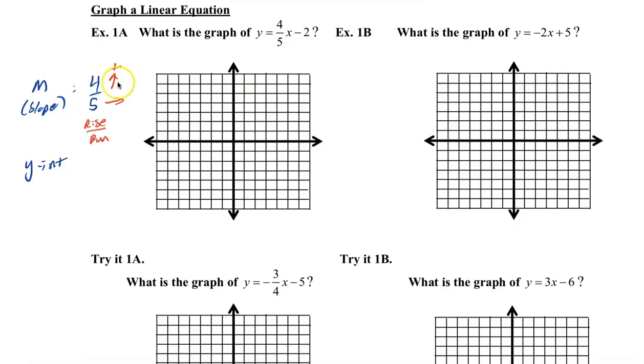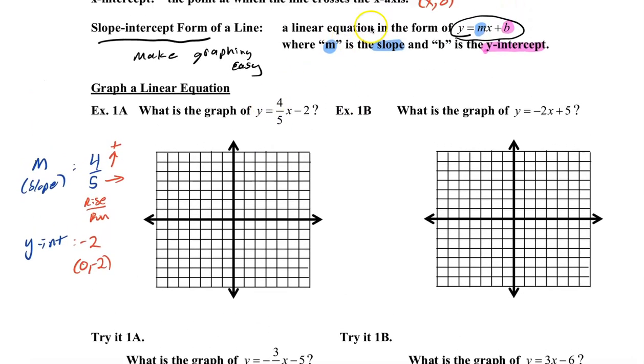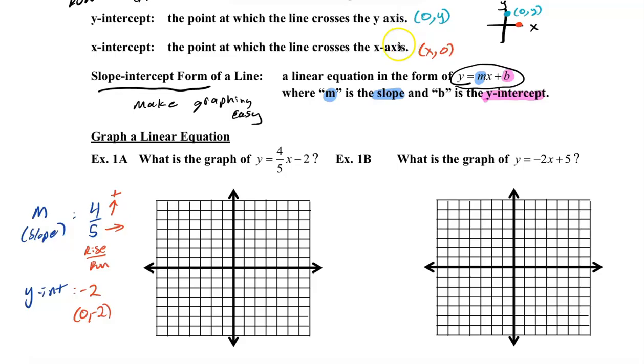We're either going to rise if it's positive or fall if it's negative, but we always go to the right. The y-intercept is the constant term, so -2. If we want the point, that'd be 0, -2. Remember the y-intercept is in the form 0, y.